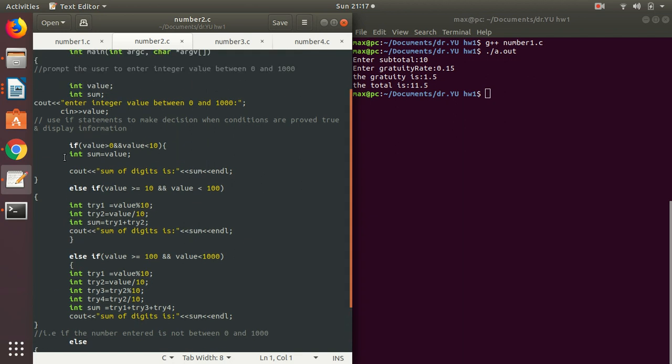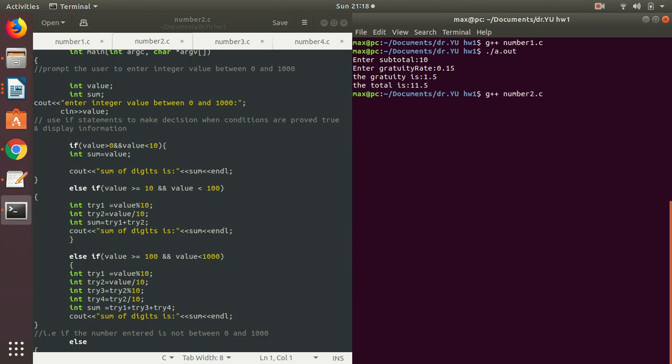Let us run the program and insert the first condition, and we see. It's number 2. We enter a value between 0 and 1000, but we want to test if this condition is proved. Then we shall display the information.